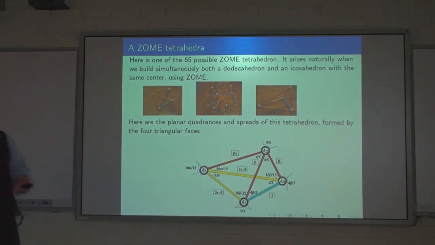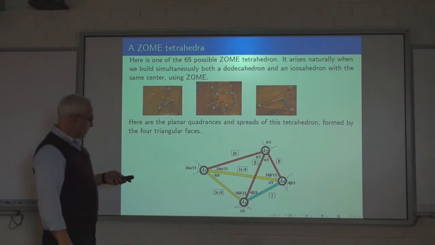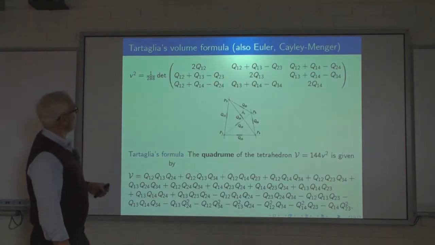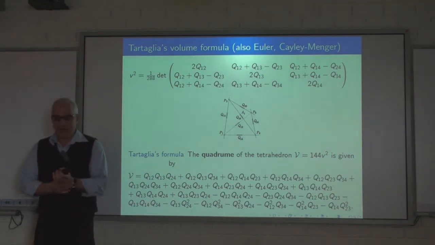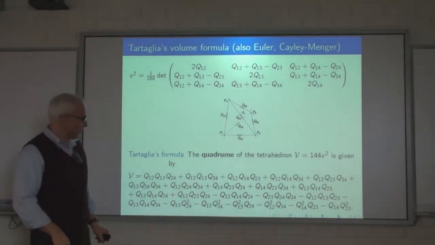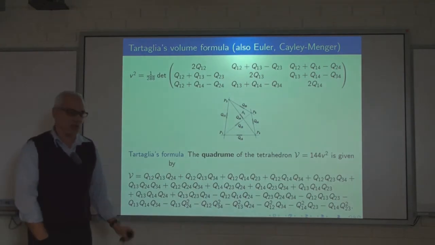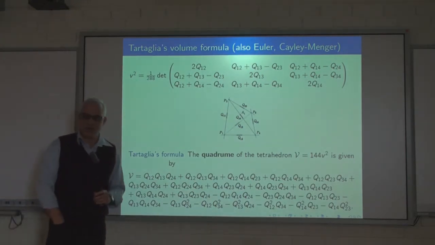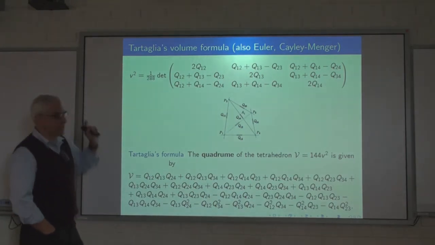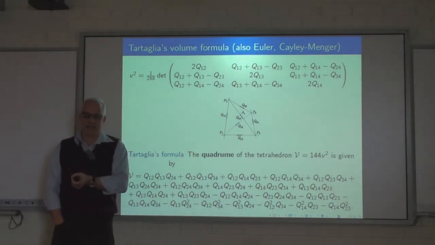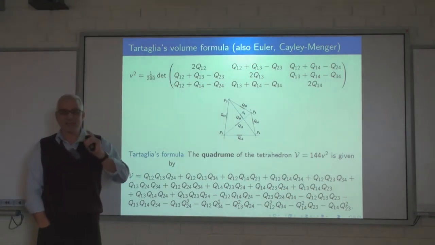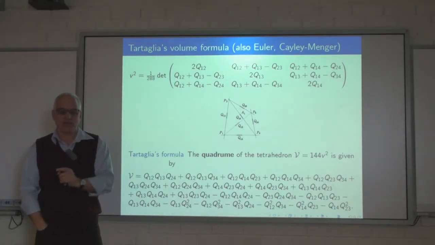So what do we know about the trigonometry of the tetrahedron? Well, probably the most important formula goes back to Tartaglia. Tartaglia is famous for his solution of the cubic equation, but he should equally be famous for this formula here. It's a formula for the volume of a tetrahedron as a function of its side lengths. Actually, better, the side quadrances.